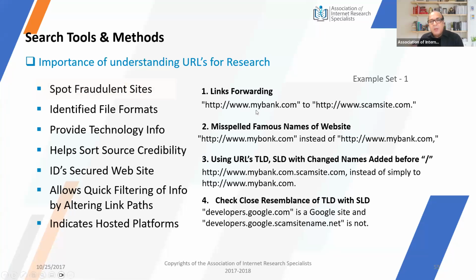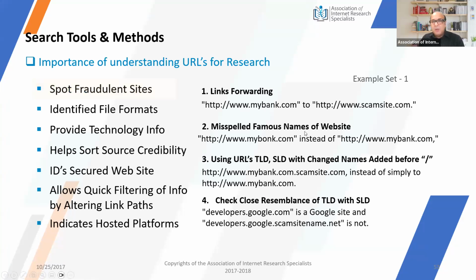So let's suppose you get the temporary link called mybank.com, or this is how it seems to appear in the URL when you go to that page, or even on the page where you have to click at one time on a link which appears genuine. But when you click on it and it takes you to a page, you would notice that the domain name on top has changed. So that is a forwarding link.